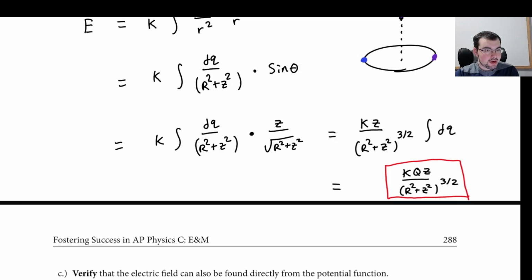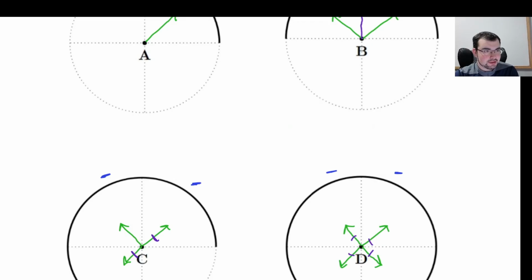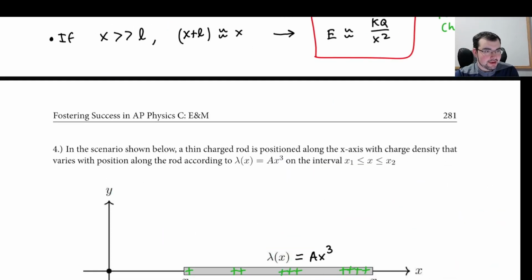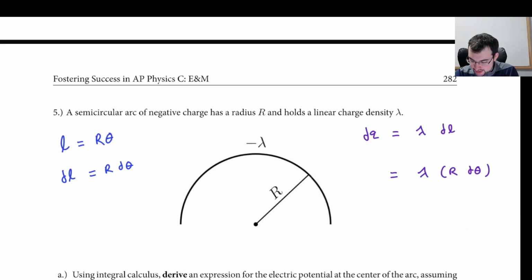You have to be able to do the ring. And then you have to be able to do the arc and the line of charge. So these are known derivations that you have to do, even though they are tricky. So just keep that in mind.